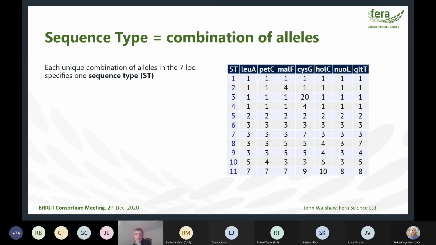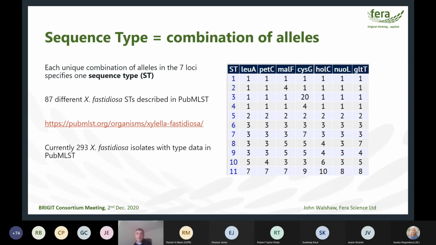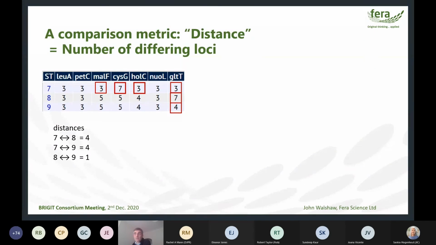So this is just summarizing the first 11 sequence types of Xylella fastidiosa, and there are currently almost 90 of these which are characterized in one particular standard resource, which is the PubMLST database, and there's getting on for 300 different fastidiosa isolates which have got type data in PubMLST.